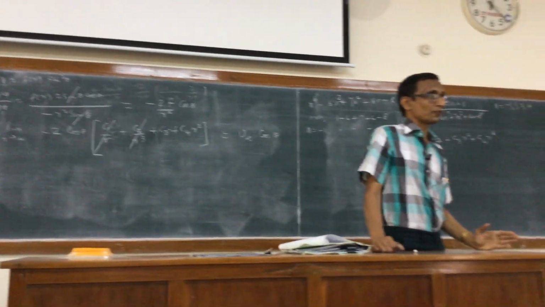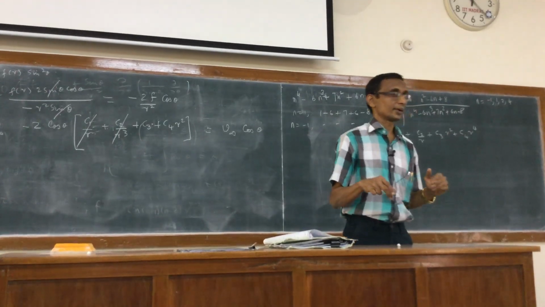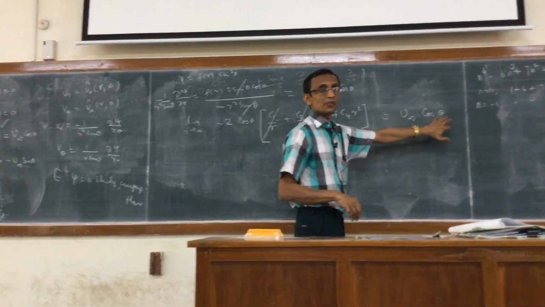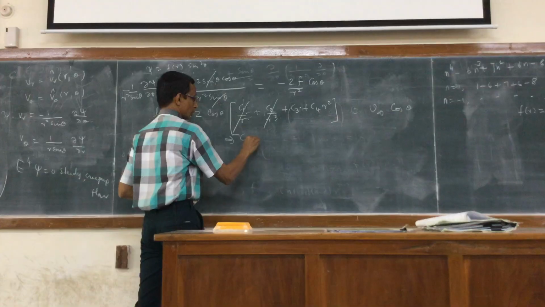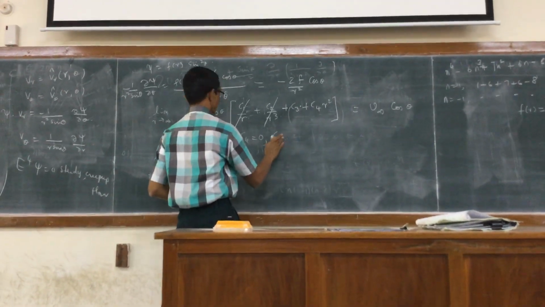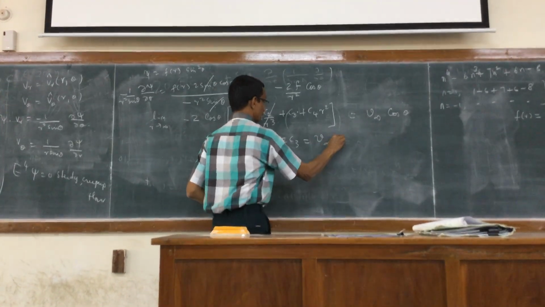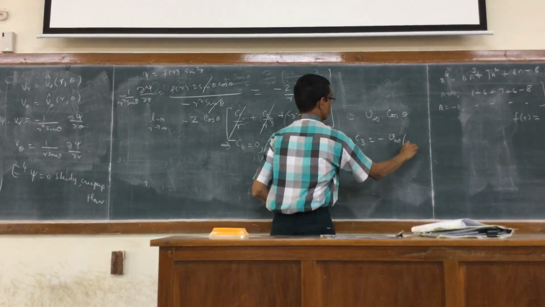So clearly this would imply that C4 is equal to 0 and minus 2C3 is equal to B infinity, or C3 is actually equal to minus B infinity by 2.